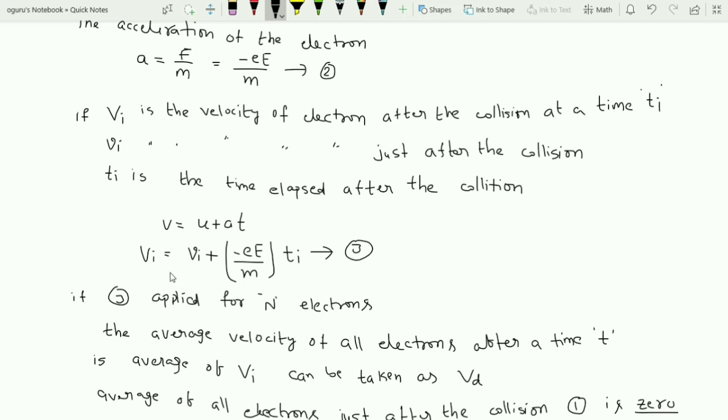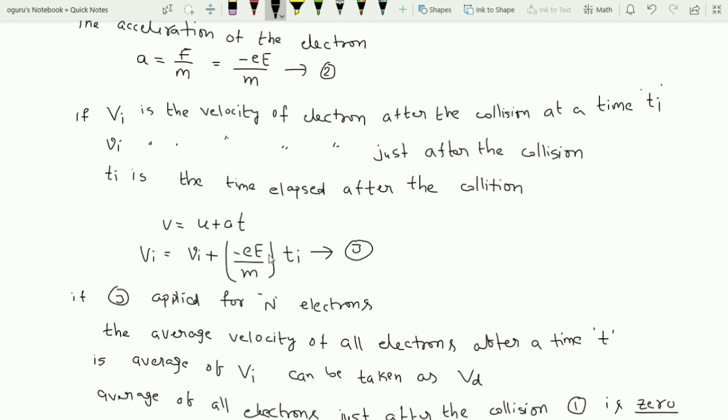So this is the velocity of the ith electron after a time ti after the collision. Now this equation we have written only for the ith electron, that is, for one electron.